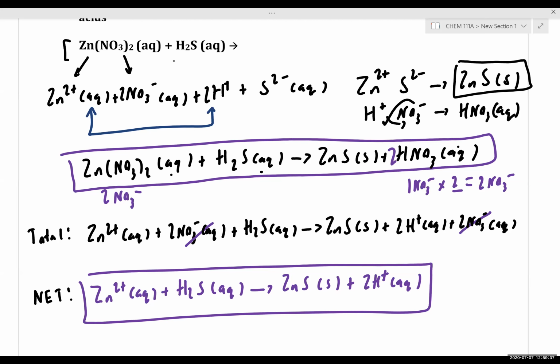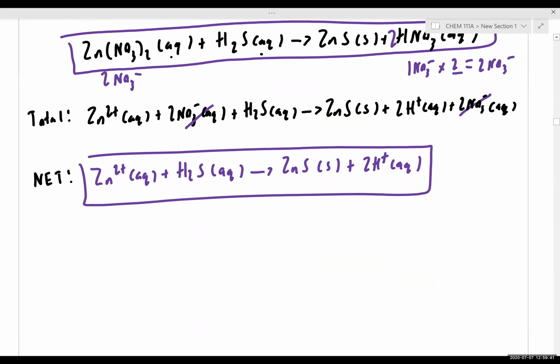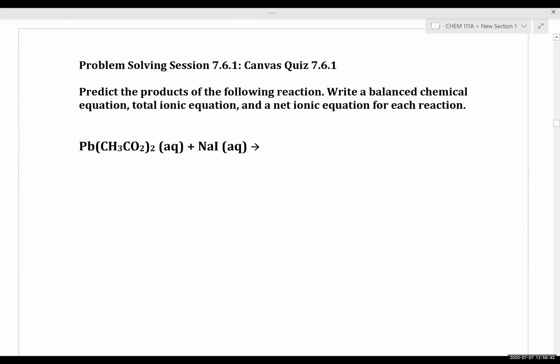With this lecture. So let's focus on another example where we're asked to predict the products from a precipitation reaction. In this case, we have the reaction of lead acetate and sodium iodide. I'd like you to predict the product from the following reaction, if there is a product.